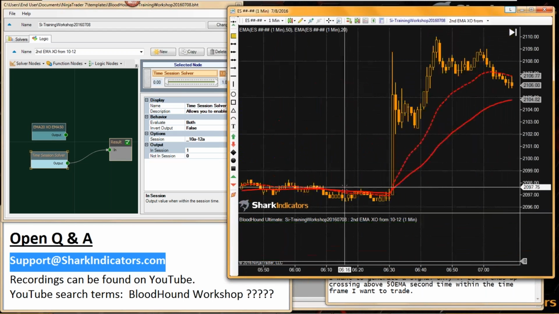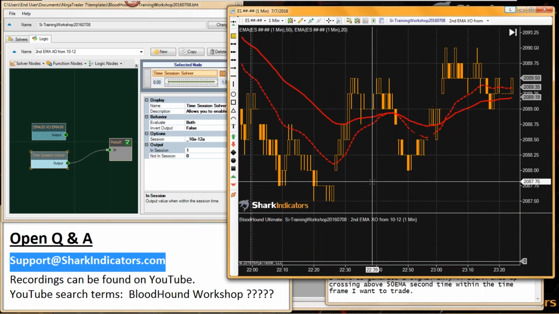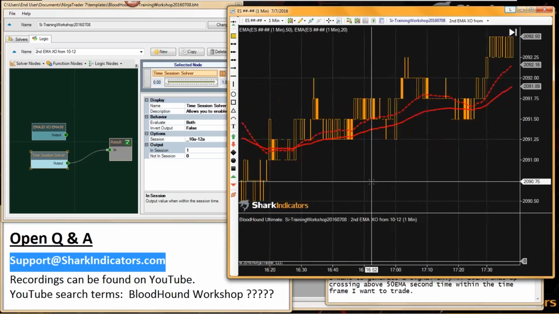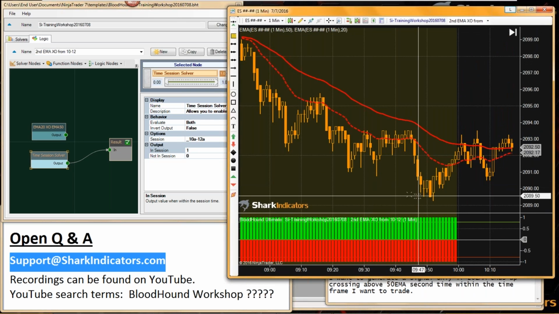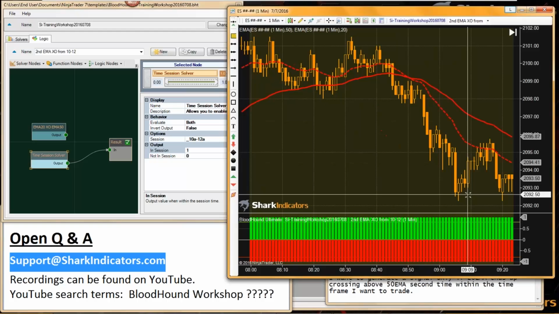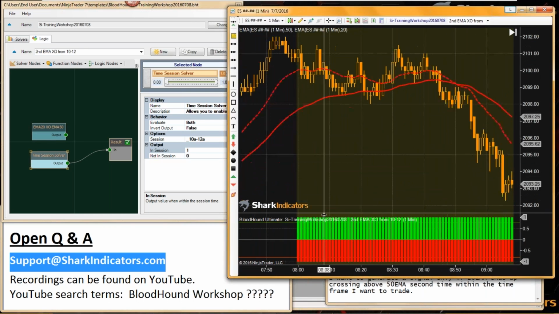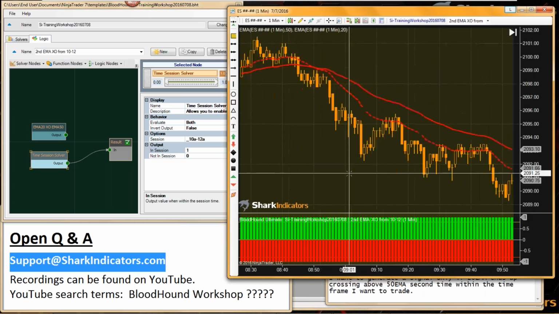All right. And we'll just scroll back and check the next day as well. There we go. There's the next day. And everything looks good. So when this time solver has an output, that's when we're looking for those crossovers, right?